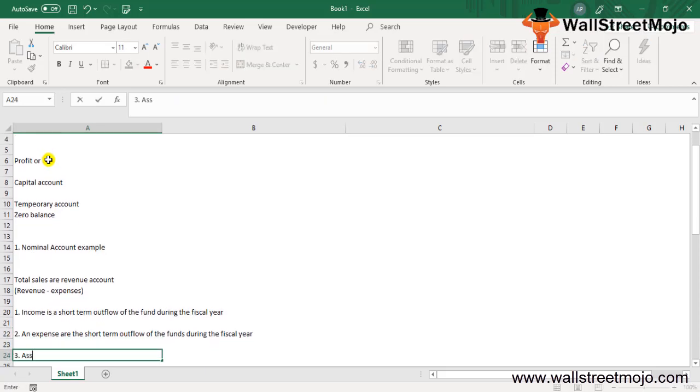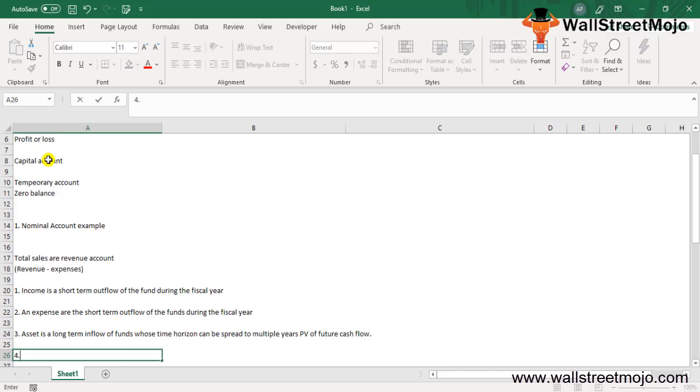Third, an asset is a long-term inflow of funds whose time horizon can be spread over multiple years, so the asset's value can be calculated as the present value of future cash flow. Fourth, a liability is a long-term outflow of funds which extends beyond the financial year.